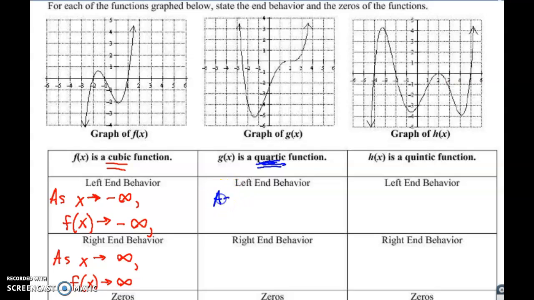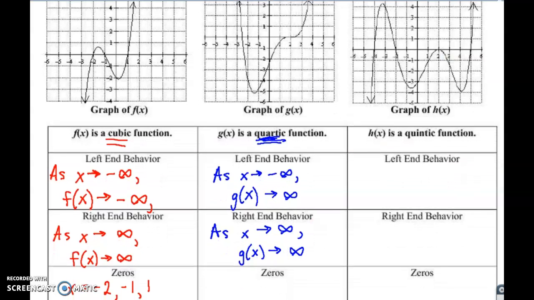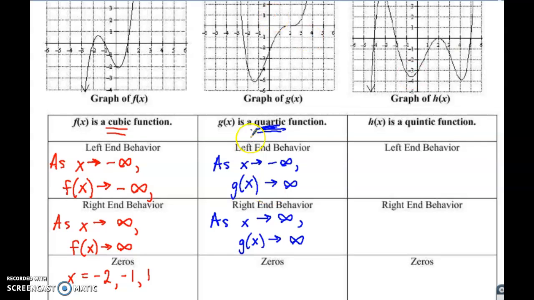So as we look at this one, as x goes to negative infinity for the end behavior, this time the function, named g, is going up. So that's positive infinity. The right end behavior, as x goes to positive infinity, this time the function is also going up. And then the zeros, well, if you notice, there's a few unique things here.